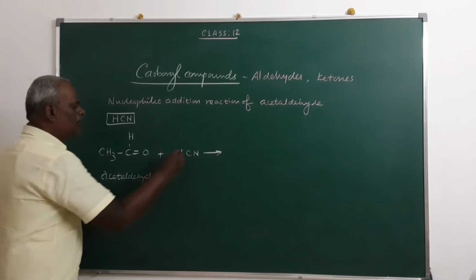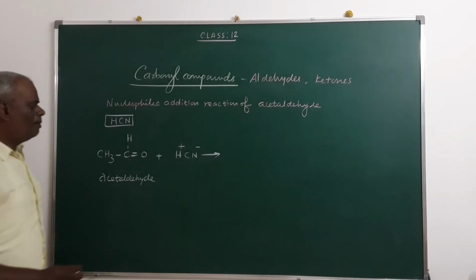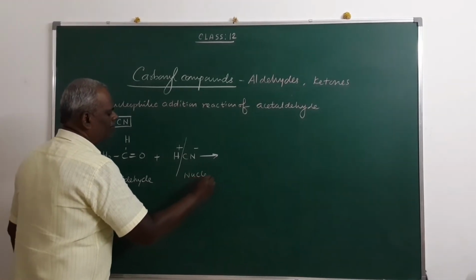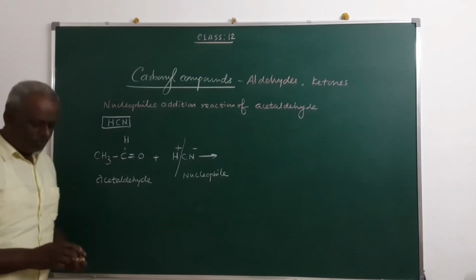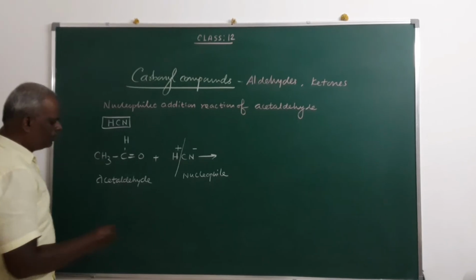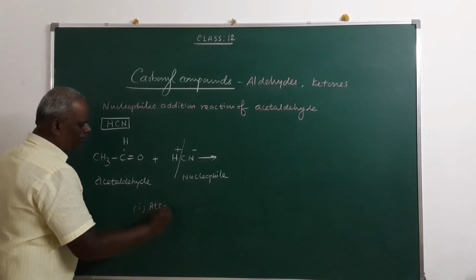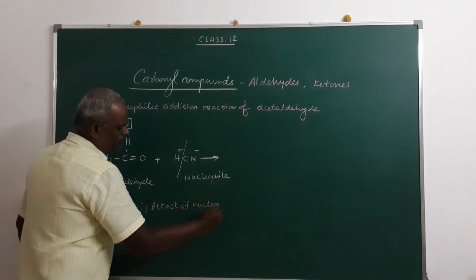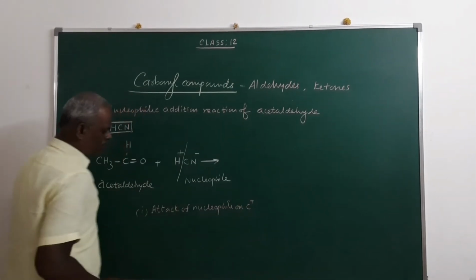Now, this can be dissociated to form H plus and CN minus. Among these two, the CN minus is called the nucleophile. There are two steps in this particular reaction. The step number 1 is attack of nucleophile on carbon plus.